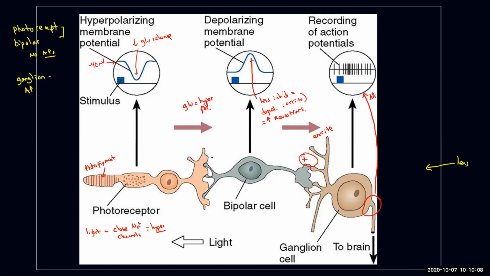Decreased inhibition is the other side of the coin of excitation. That's going to cause this bipolar cell to be depolarized and release more neurotransmitter. When I release lots of neurotransmitter here, it's an excitatory synapse so that this cell becomes depolarized. I'll exceed threshold at the axon hillock and action potentials will be generated. Okay, so that's kind of it, start to finish.